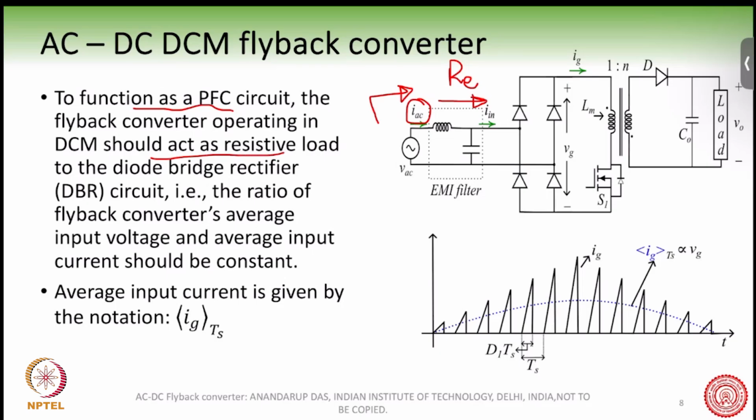So the DCM should act as a resistive load to the bridge rectifier. Okay. So if you look from this point, we have also talked about it in the boost PFC circuit. VG and IG should be in phase.